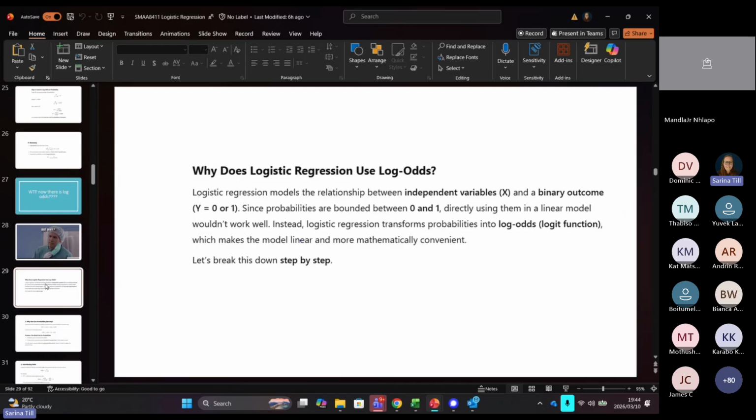And here it is. Logistic regression models the relationship between independent variables x and a binary outcome. Since probabilities are bounded between 0 and 1, directly using them in a linear model won't work well. Instead, logistic regression transforms probabilities into log odds, which make the model linear and more mathematically convenient.